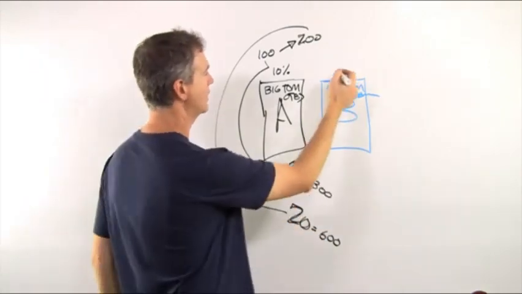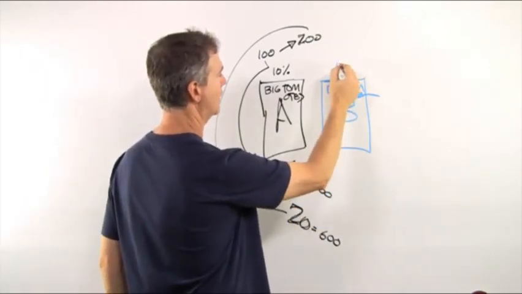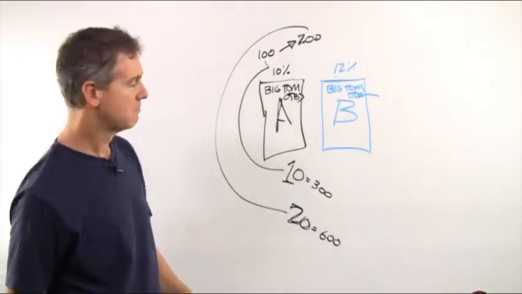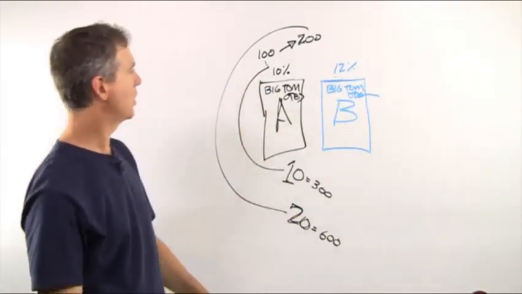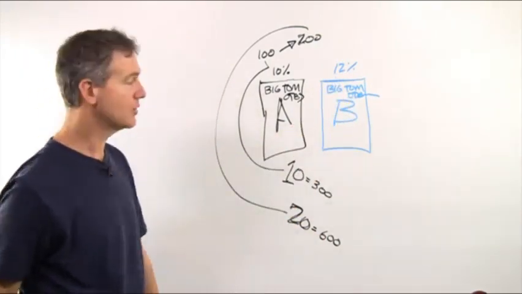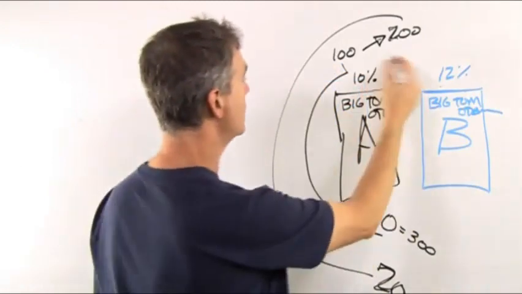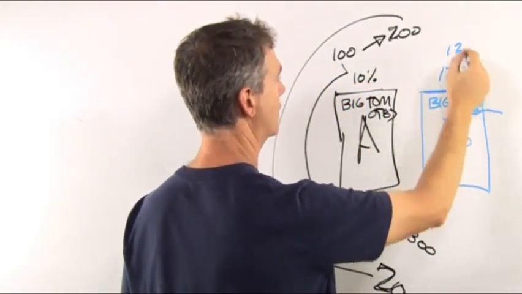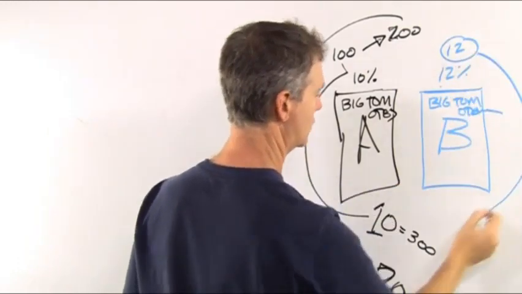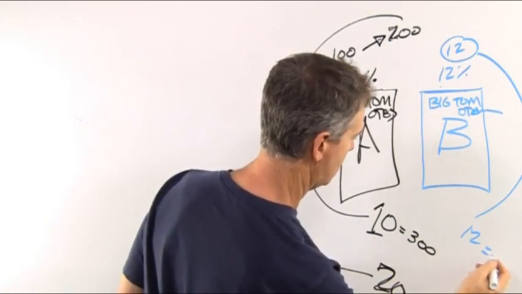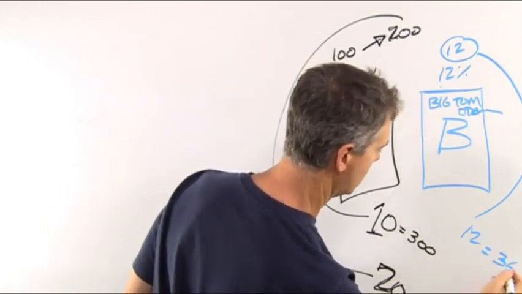And what if all of a sudden you tested that and you started getting 12% conversion? You just ran this test for a week and you realize you're getting 12% conversion. Now, these 100 visitors are turning into 12 subscribers a day, okay? Which is turning into 12 a day, and that's 360.